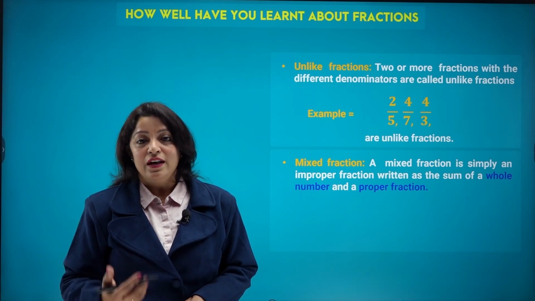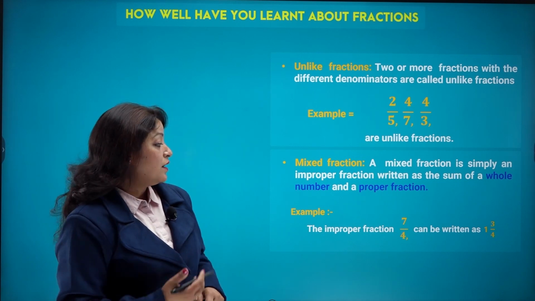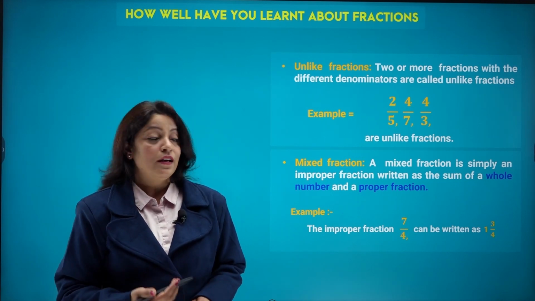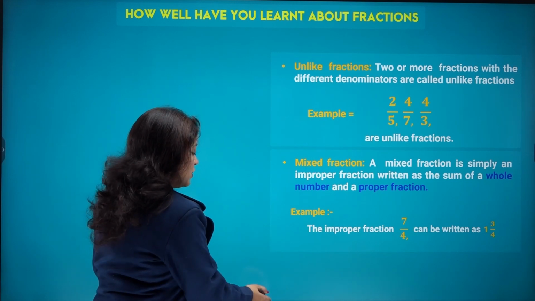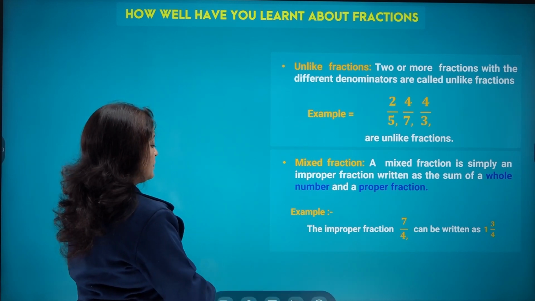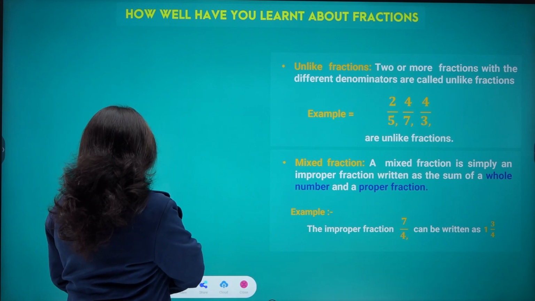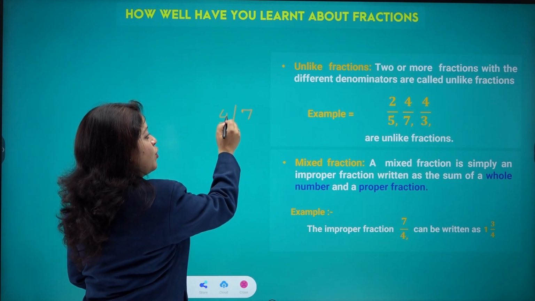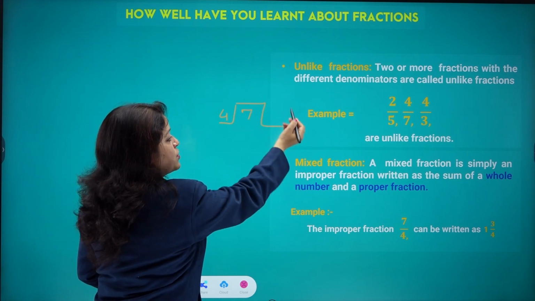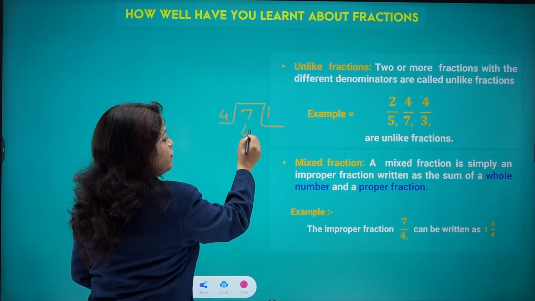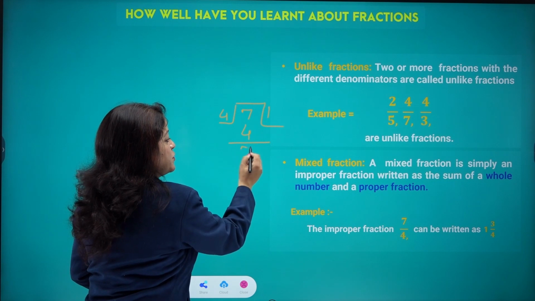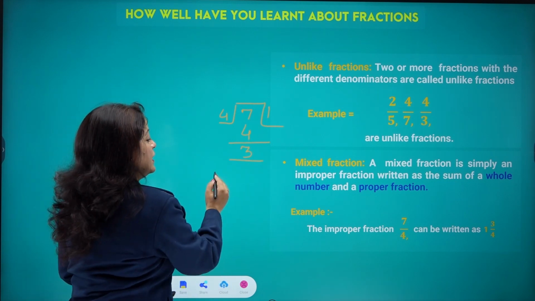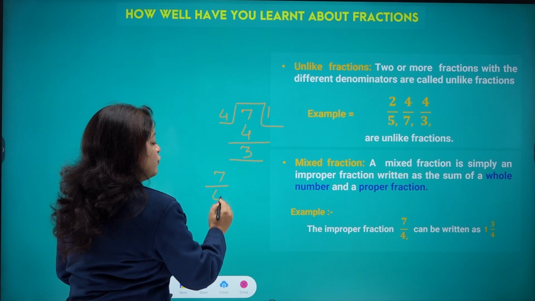For example, if I take the improper fraction 7 over 4, and we divide 7 by 4, how can we write it? 7 divided by 4 will give you the quotient as 1, since 1 fours are 4, and when we subtract we get 3. So here we are actually dividing 7 by 4.